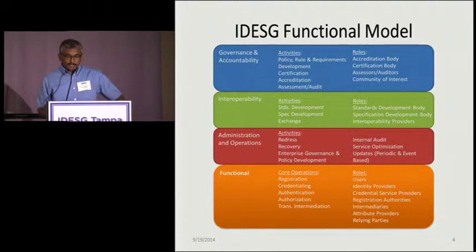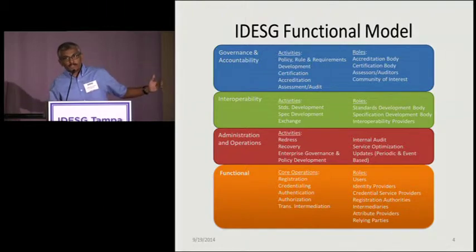The important thing to take away is that I want to emphasize the consistency that this work is intended to provide to the rest of the work going on in IDESG. Whenever, across any committee, we talk about a particular activity or a particular role, it will be good to refer back to this set and ask, what are we talking about?